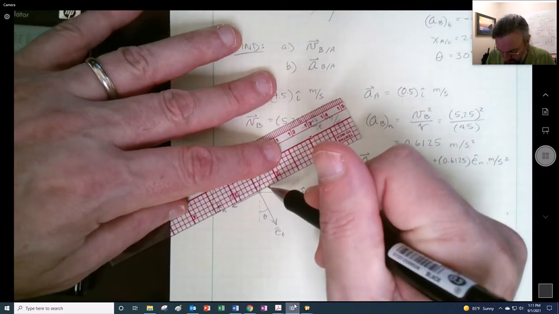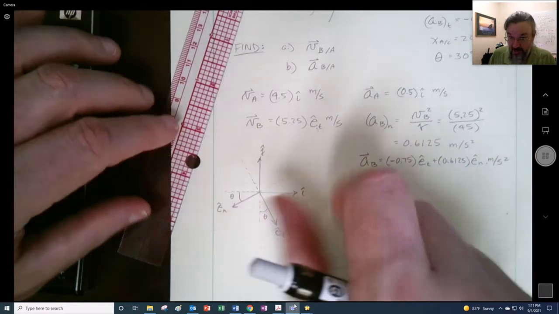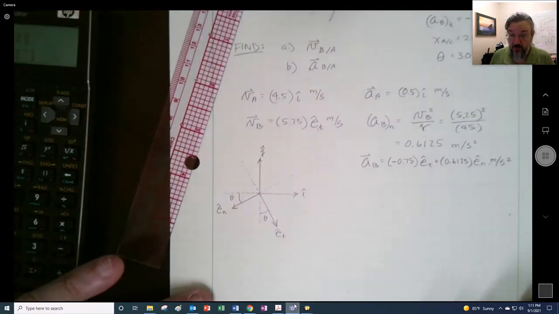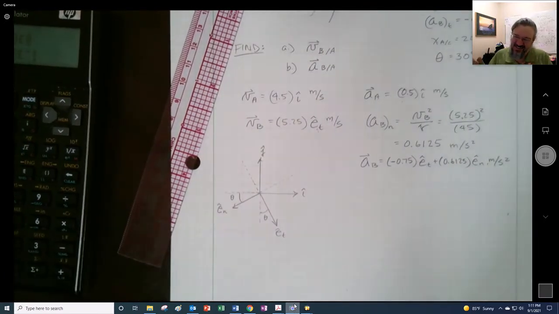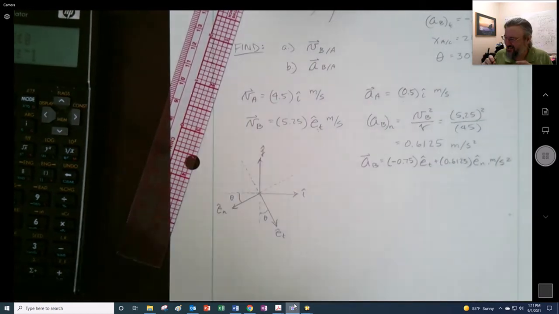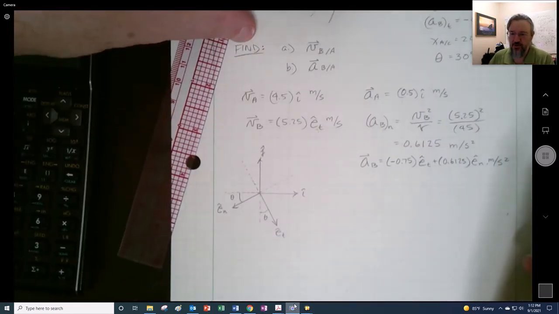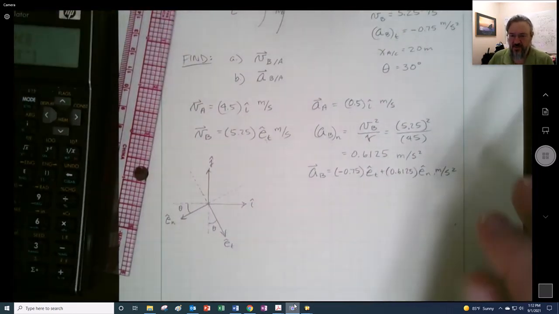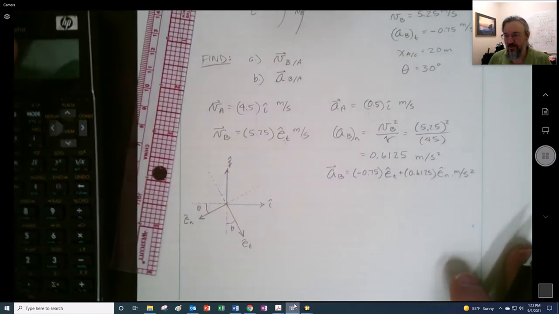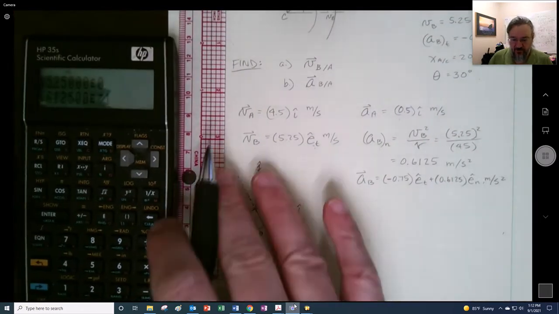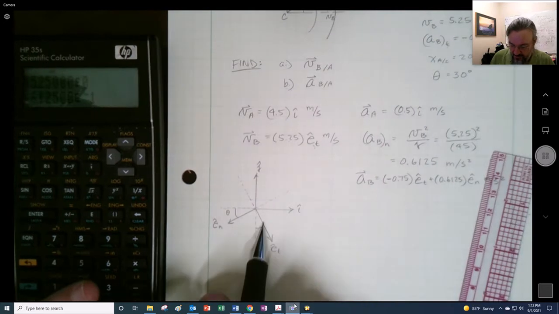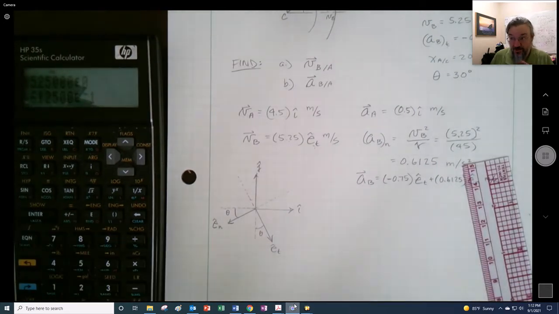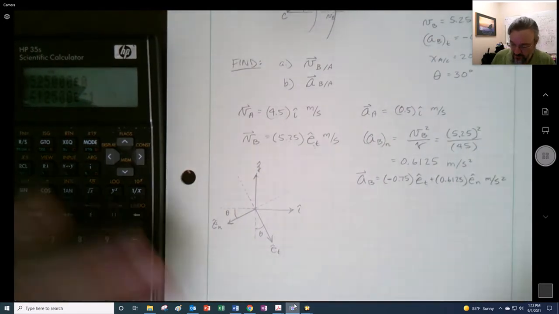It really does help to have one of the angles significantly smaller than the other. If this thing starts getting like 45 degrees, and you'll see that in lots of different problems, it can make it a little bit more difficult if you draw the thing as if it's close to 45. If you can exaggerate it so that one angle is very much acute and the other is a little bit larger, that makes it better.